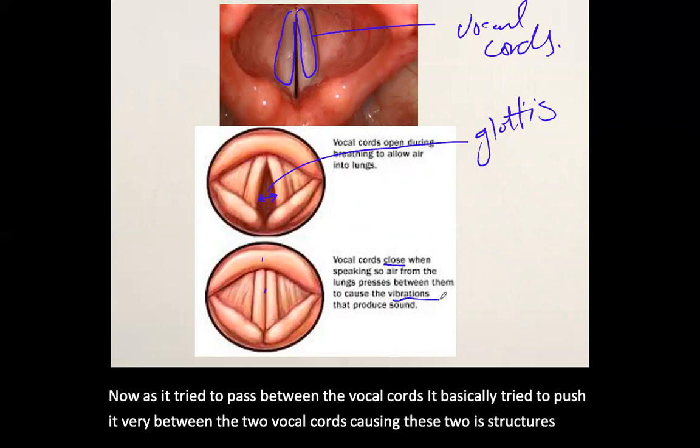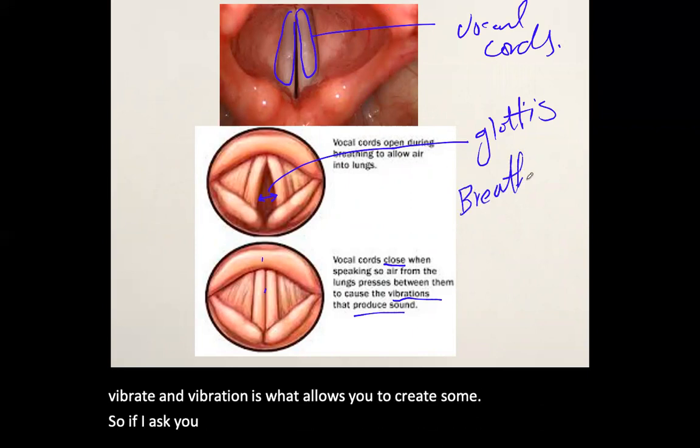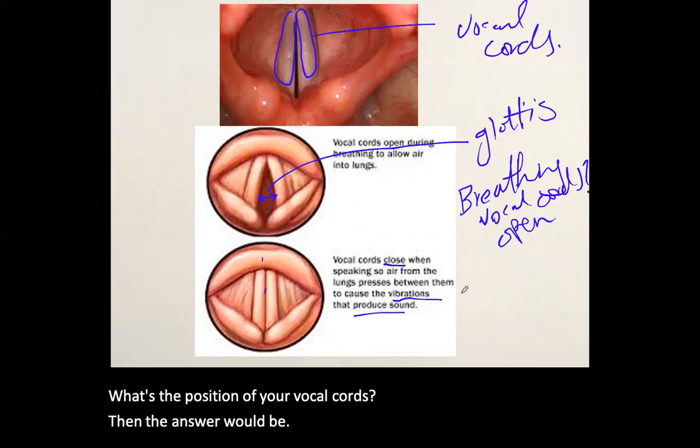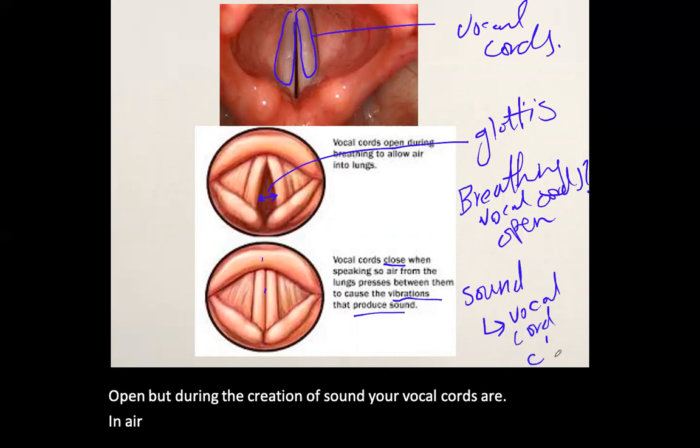And vibration is what allows you to create sound. So if I ask you, during breathing, what's the position of your vocal cords? The answer would be open. But during the creation of sound, your vocal cords are in a position of closed.